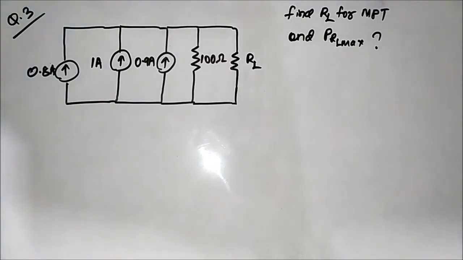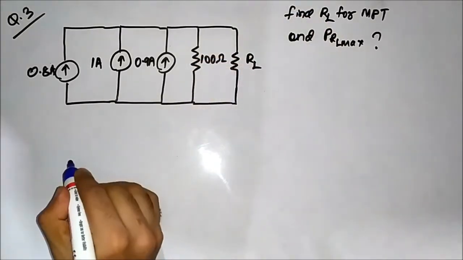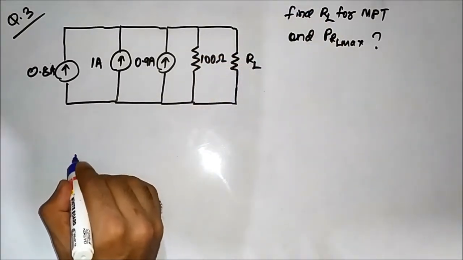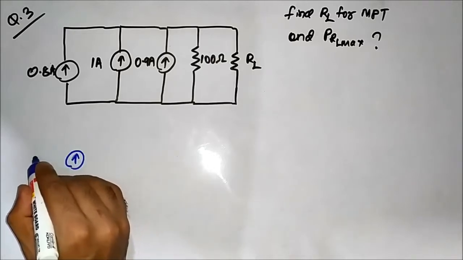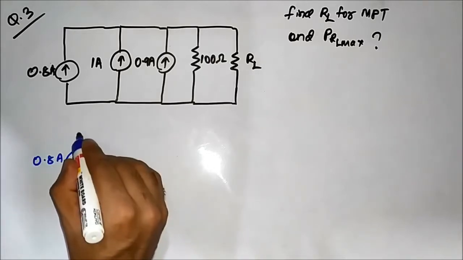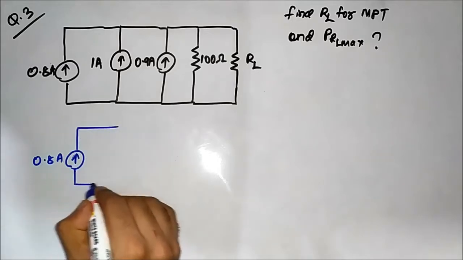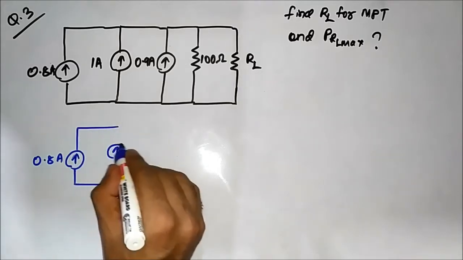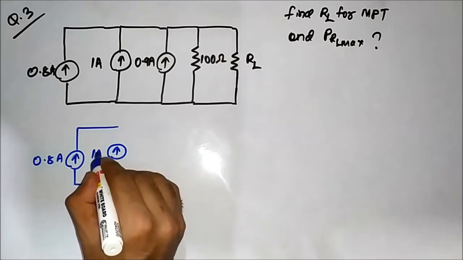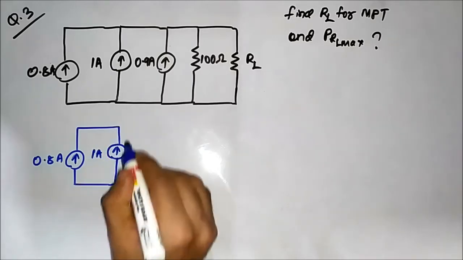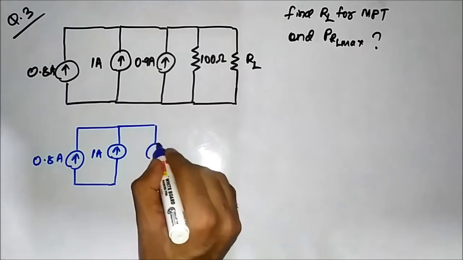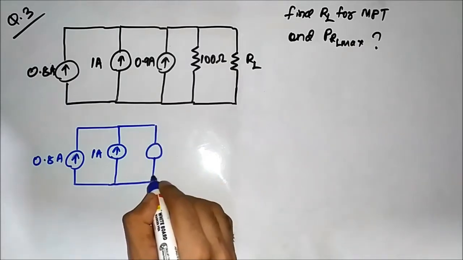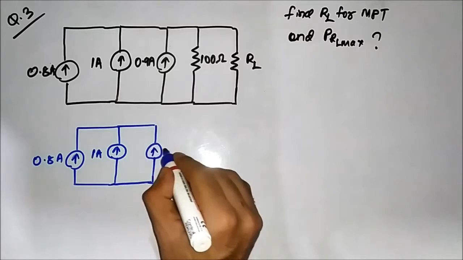Okay, so here, as usual, first we have to determine the Thevenin equivalent circuit across this load resistance. So we have to open circuit that. So let us redraw the circuit. 0.8 ampere, 1 ampere, and 0.9 ampere.